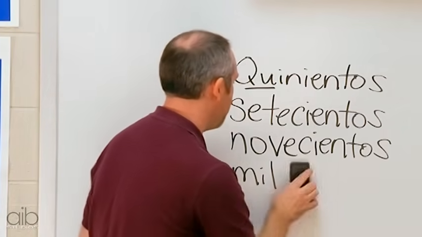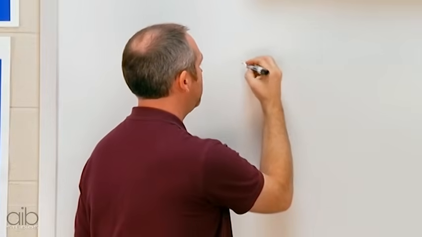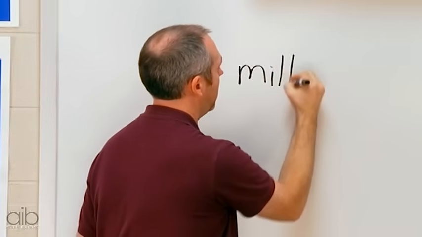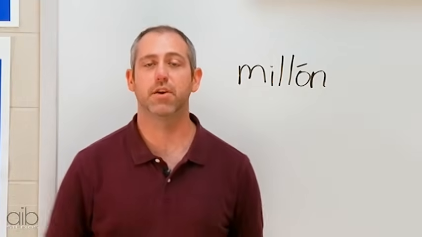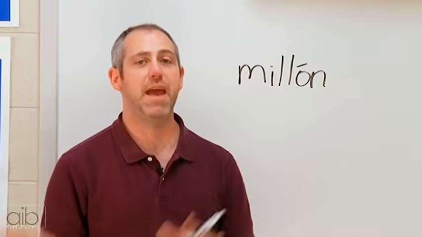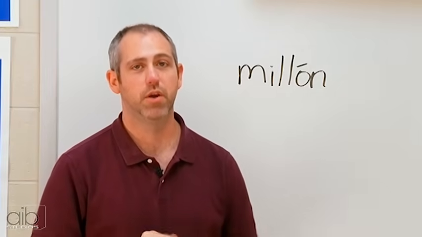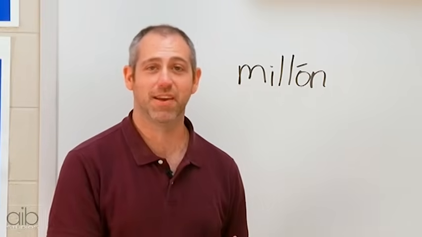Okay, we are rapidly moving up the numbers. So now that we have our thousands down, we're ready to look at millions. Now Spanish, and we're almost done here with numbers. In Spanish, a million is millón. And there's an accent on that O. But now, like 100s, we make million plural. So when we say 2 million, it's going to be 2 millions.